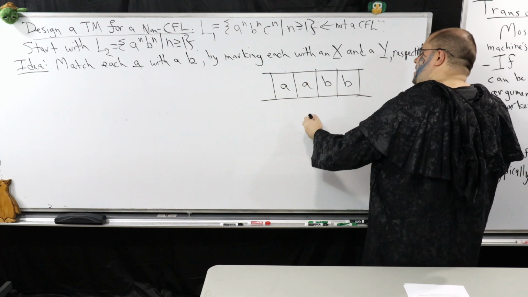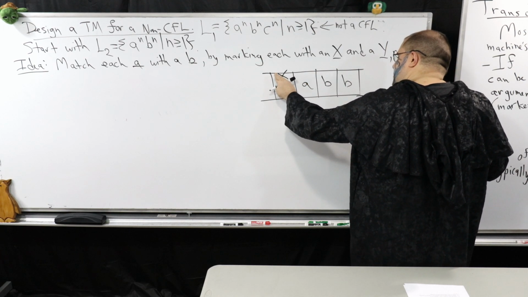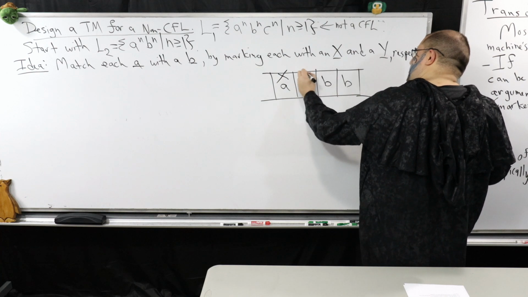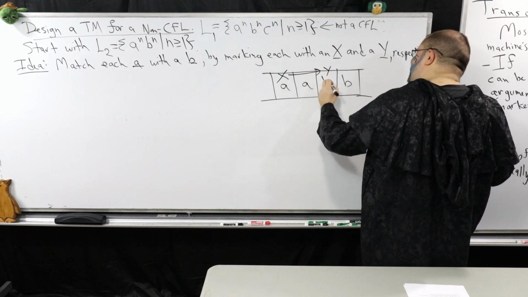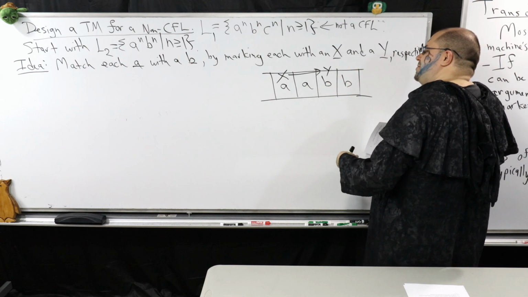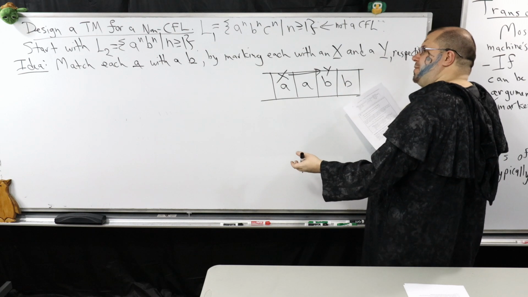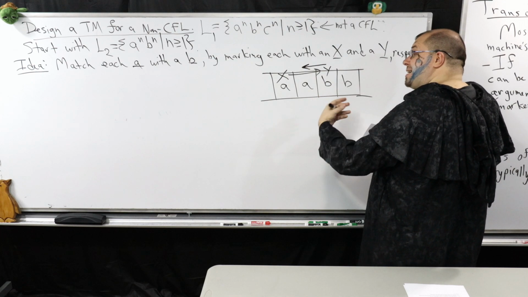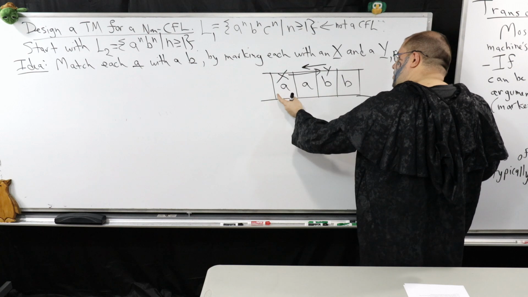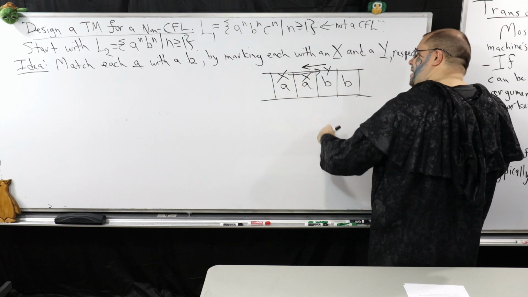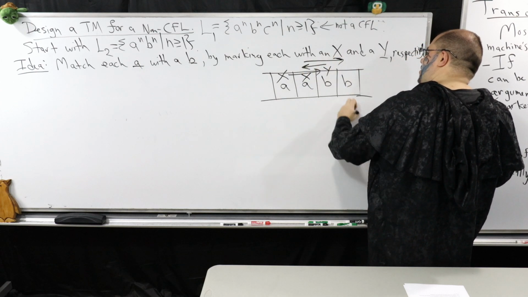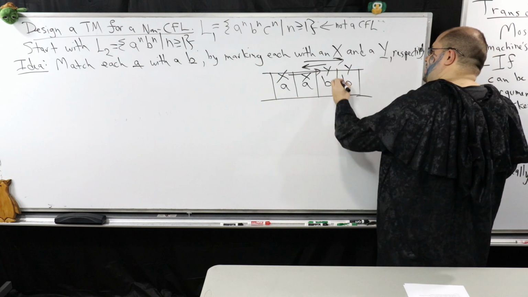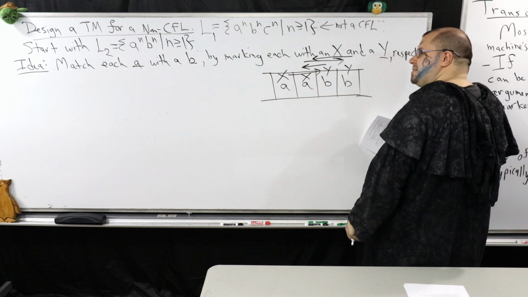When I see an A, I would like to replace this A with an X, and then go right until I see a B. Then replace this B with a Y, so that I have an X and a Y, one for an A, one for a B. Then I would like it to zigzag back, so that when it sees the next A, which will be the first one that appears after an X, I turn this into an X, and then zigzag all the way over to the first occurrence of a B and turn that into a Y. And then zigzag back in case there's maybe more X's that I need to mark.